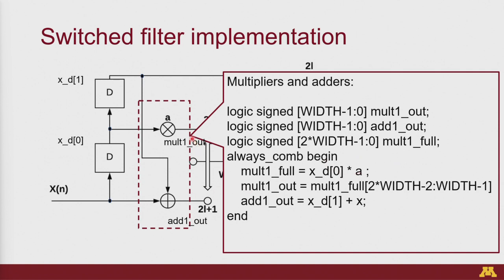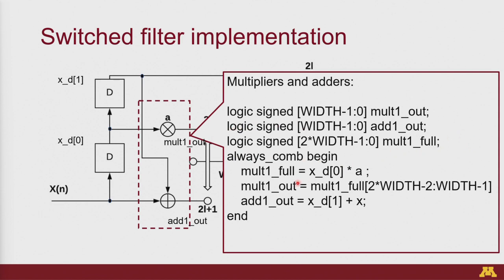In this case, we want to multiply the value of xd0 with a, so you write xd0 times a, as simple as that. But like you mentioned, when you actually multiply 2 values, you get twice the width as an output. That's why you can see this multiplier full is saying here twice the width.